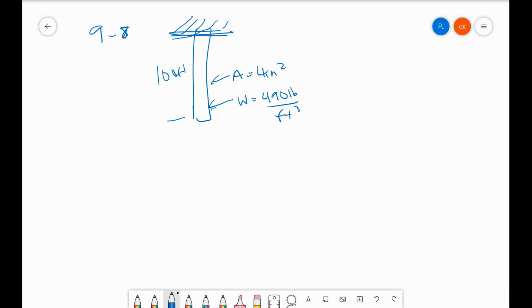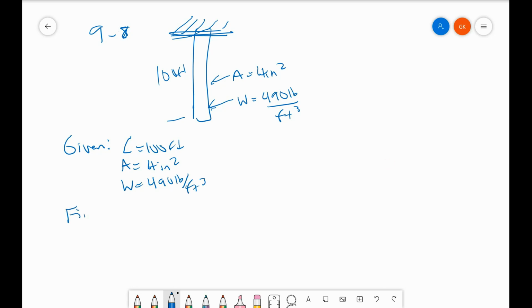And once it's defined, the maximum tensile stress due to the bar's own weight, and the maximum load that can be safely supported at the lower end of the bar if the allowable tensile stress is 24,000 psi. So, given: length is equal to 100 feet, area is equal to 4 inches squared, weight is equal to 490 pounds per foot cubed.